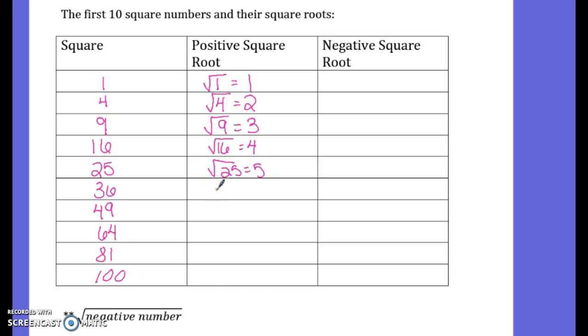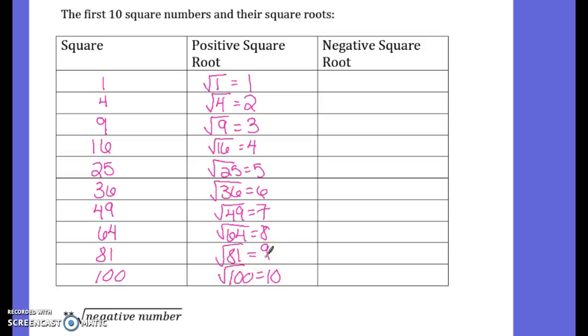And I'm sure you can notice the pattern, because we're going first 10. The square root of 36 equals 6. The square root of 49, I bet you guessed it, it's 7. Oh, we skipped 64. We'll scoot that one down. The square root of 64 is 8. The square root of 81 is 9. And the square root of 100 equals 10.